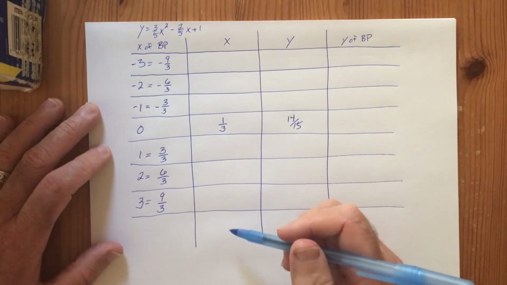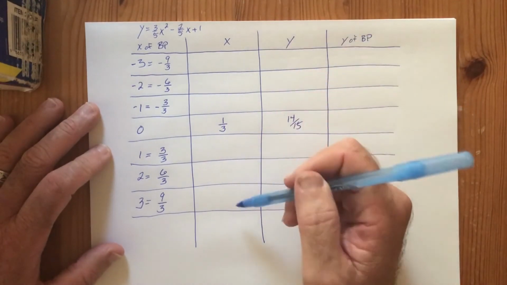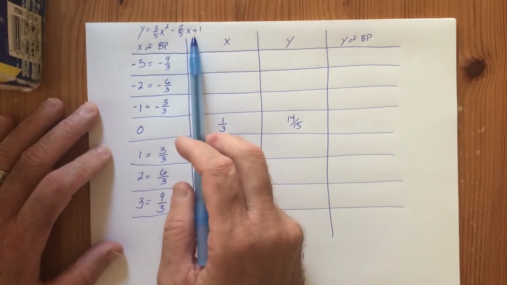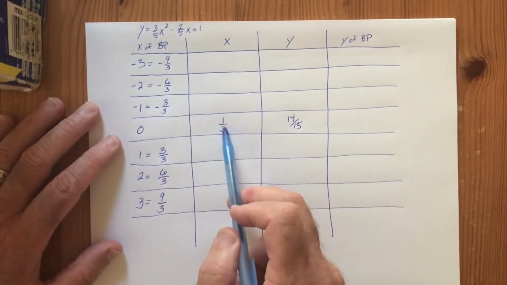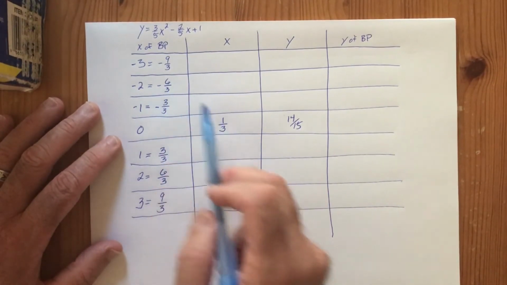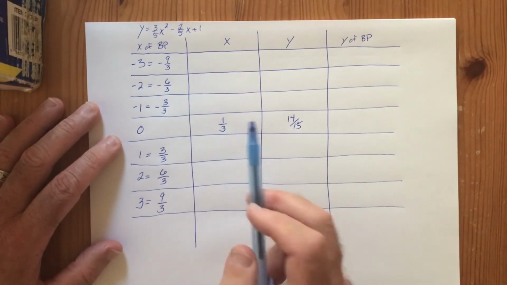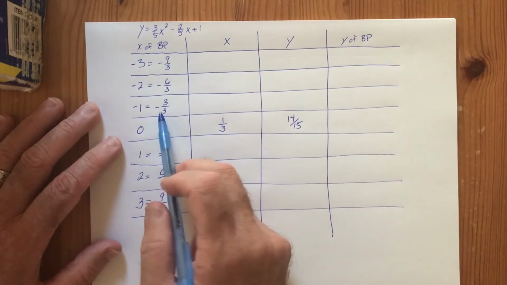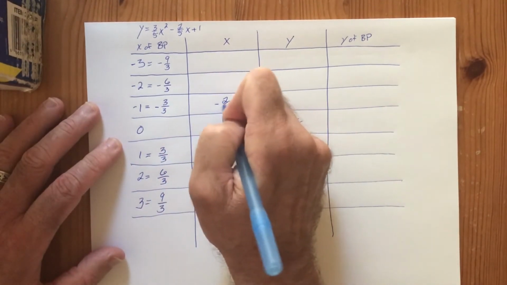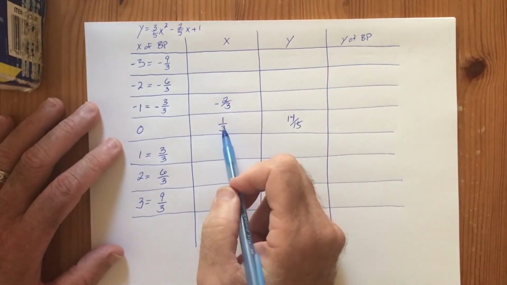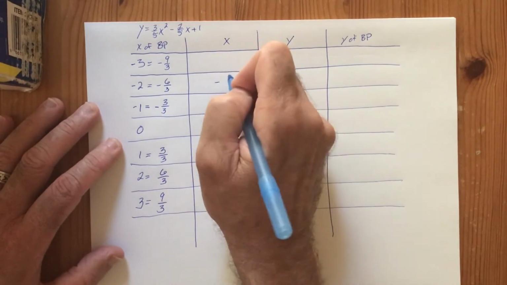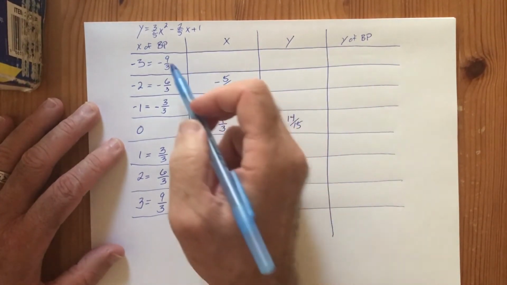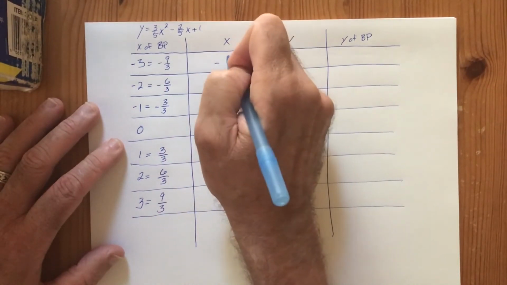Now to get the x-coordinates of this parabola, y equals 3/5 x squared minus 2/5 x plus 1, we just add these values to the x-coordinate of the vertex. So 1/3 minus 3/3 is negative 2/3. 1/3 minus 6/3 is negative 5/3. And 1/3 minus 9/3 is negative 8/3.